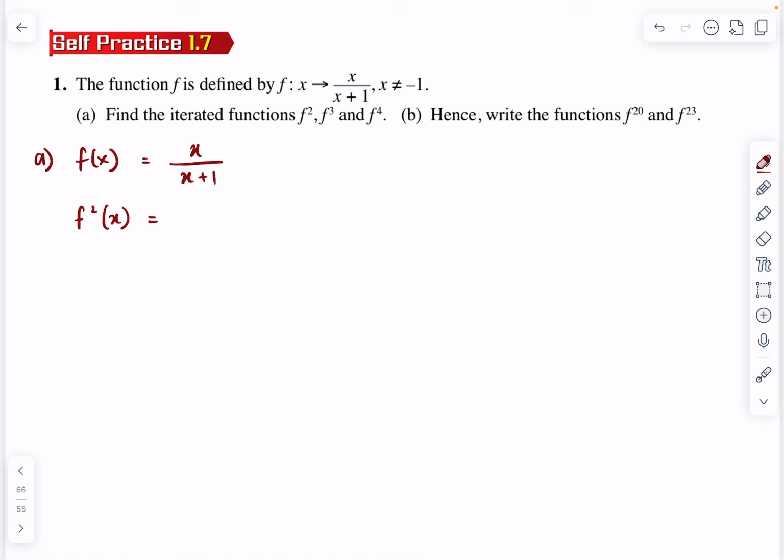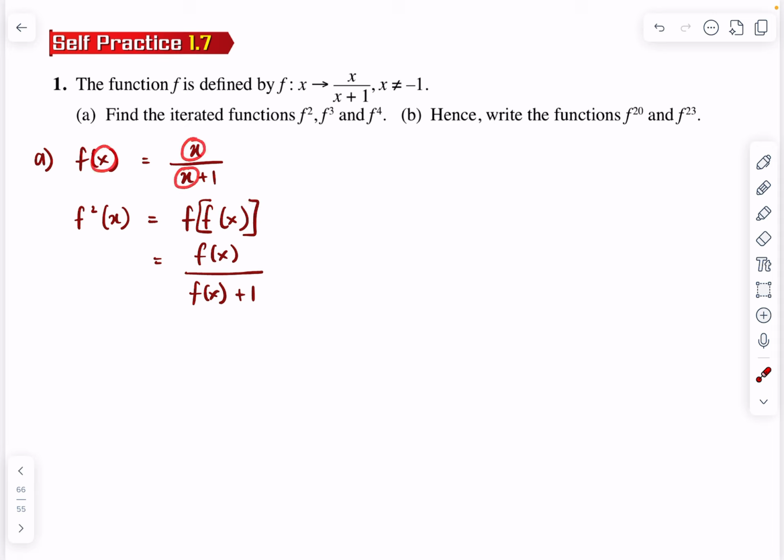So f2(x) is the same as f of f(x). So if f(x) is x over x plus 1, then f(y) is y over y plus 1, and f of f(x) would be f(x) over f(x) plus 1. So this is the object now. We put f(x) into the x.